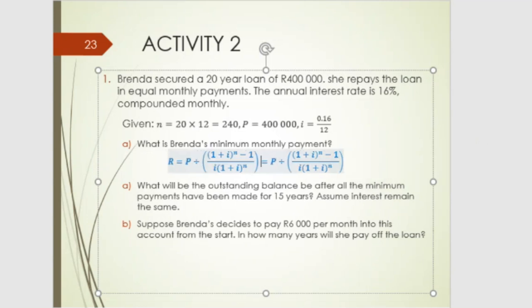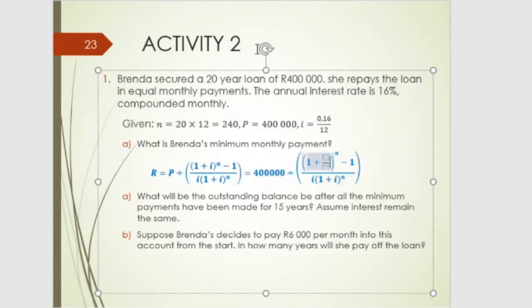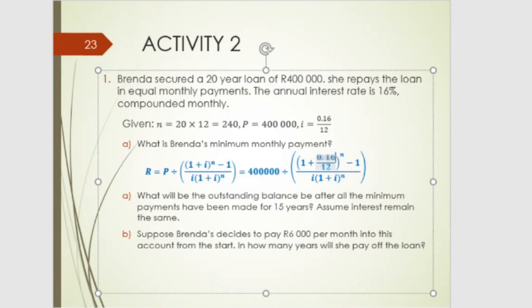Payment: the present value is 400,000. Then i is 0.16 over 12, to the power of 240.